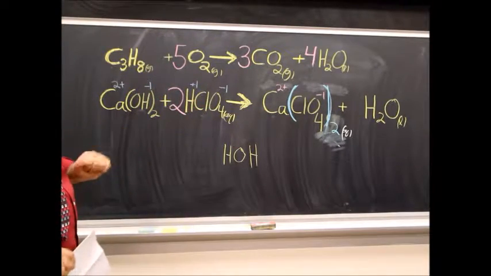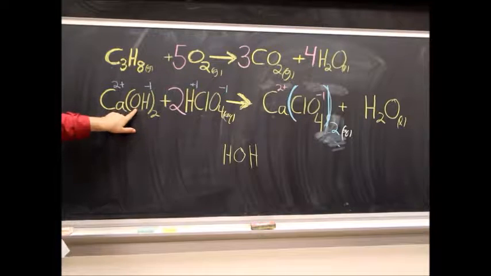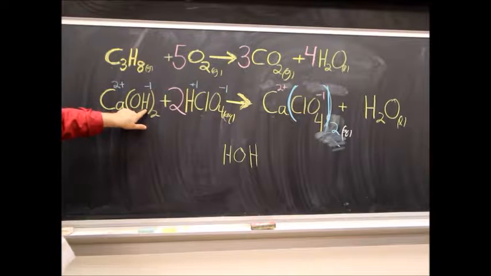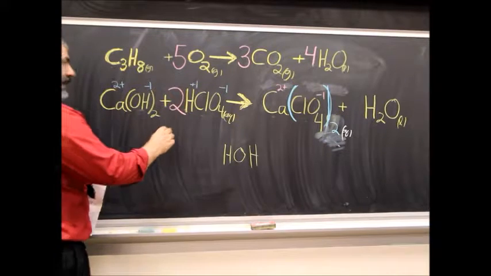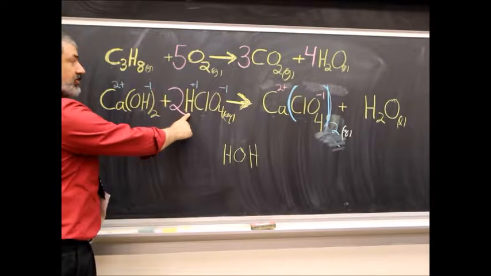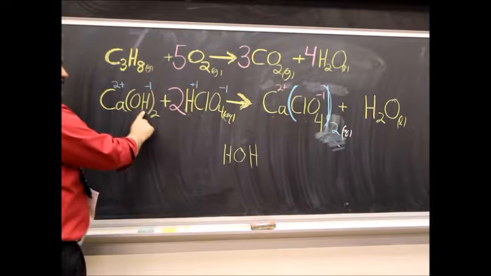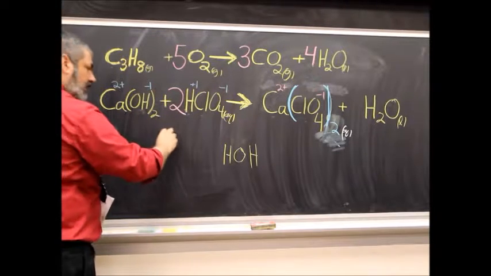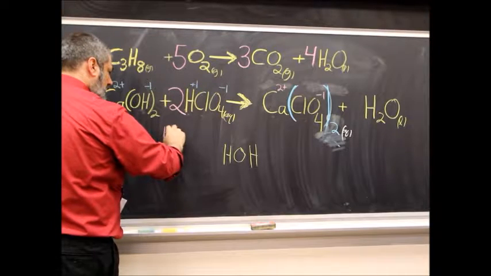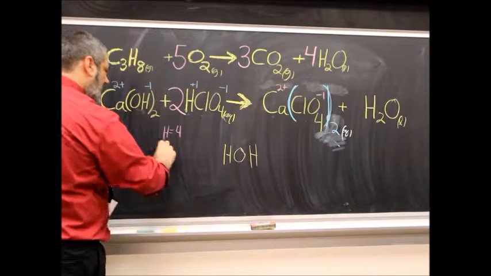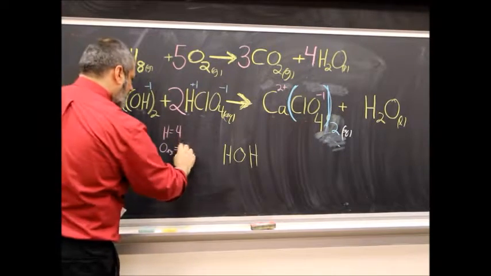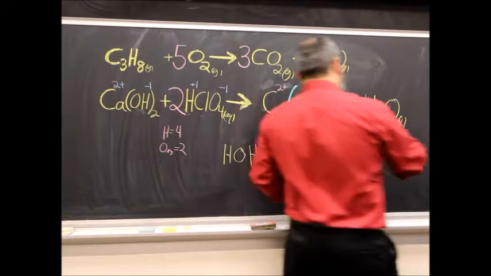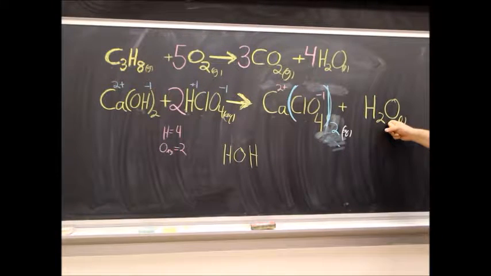Now we look at hydrogen and oxygen. This actually tells me I've got 2 additional oxygens, 2 hydrogens, but we're actually having 4 hydrogens. So let me go through that math again. So 2 hydrogens from HClO4, 2 hydrogens from calcium hydroxide, and we have oxygen. We've got 2 oxygens. Over here, 2 hydrogens, 1 oxygen.